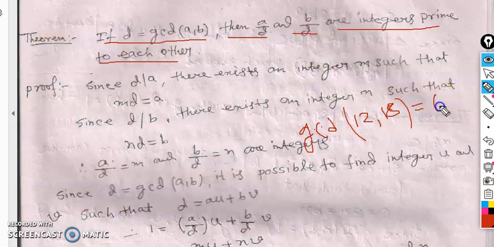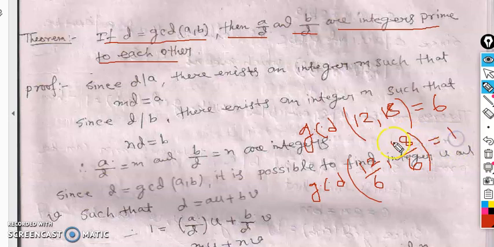The theorem says that the GCD of 12 by 6 and 18 by 6 should be equal to 1, because you can easily observe 12 by 6 is 2 and 18 by 6 is 3, they are both prime numbers, therefore their GCD is 1.